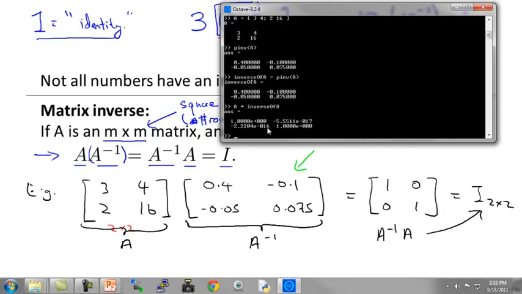So up to numerical precision, up to a little bit of round-off error that my computer had in multiplying these two matrices, the numbers off the diagonal are essentially 0. And so A times the inverse is essentially the identity matrix. I can also verify that inverse of A times A is also equal to the identity, with ones on the diagonal and values that are essentially 0 except for a little bit of round-off error on the off diagonals.